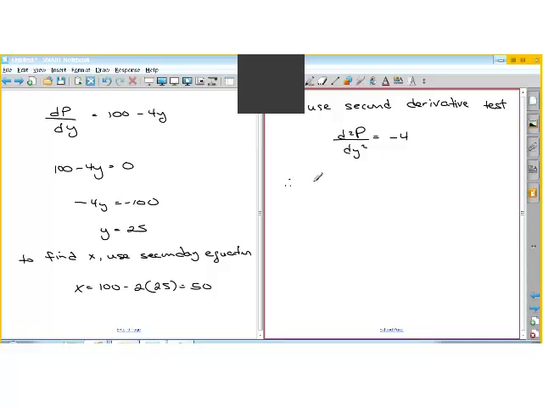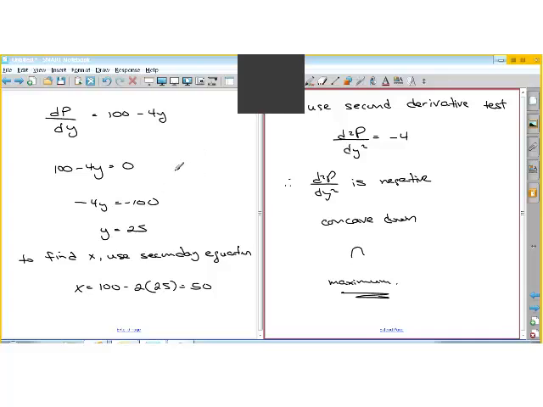So therefore, the second derivative is negative. What that means is concave down, which means maximum. So we know it is a maximum at that particular point.